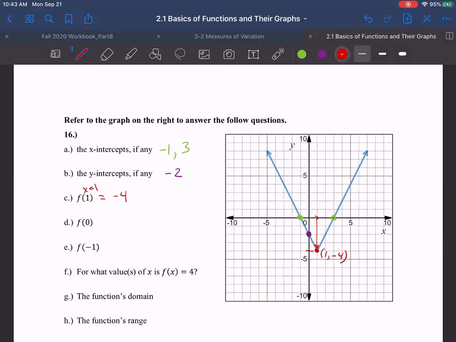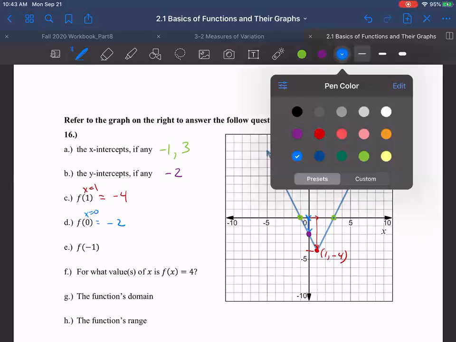All right, that's the coordinates of that point. Okay, taking a look at the next one here, we have f of 0. That's going to be plugging in, again, x equals 0. And so when x equals 0, we're starting right here in the center at the origin, and we're just going to go down and see, all right, our value right there is -2. So this is -2. Okay, so we got that value.